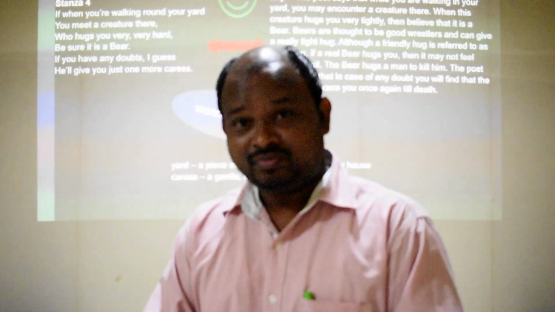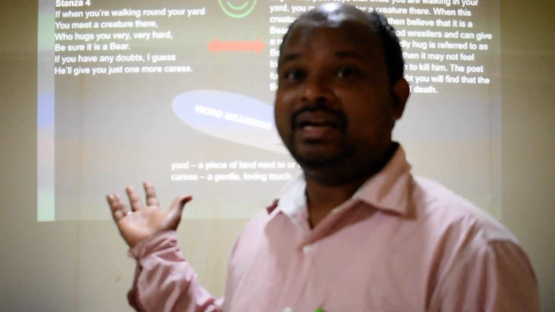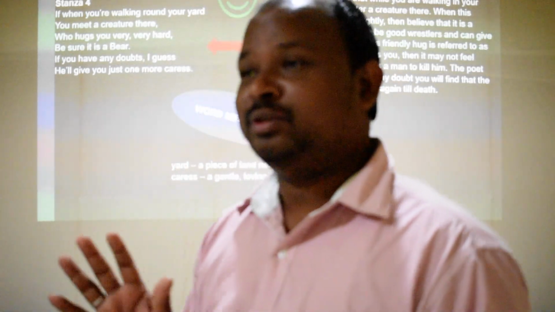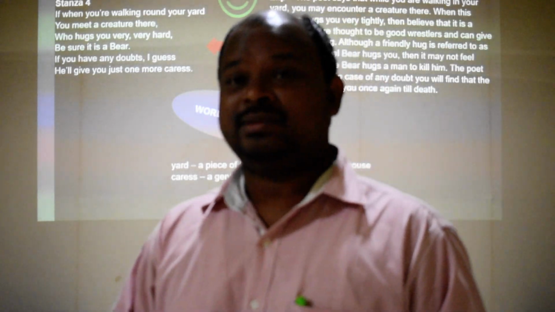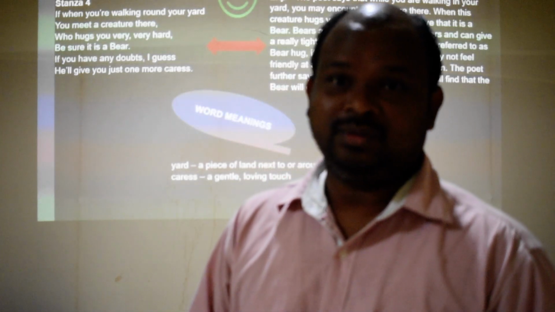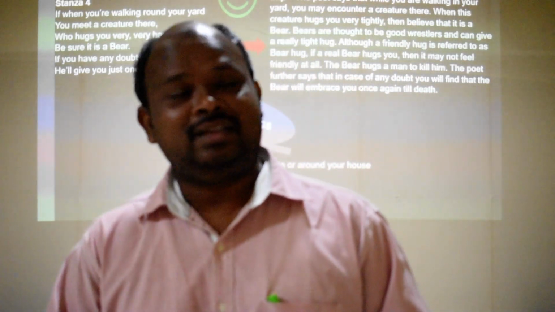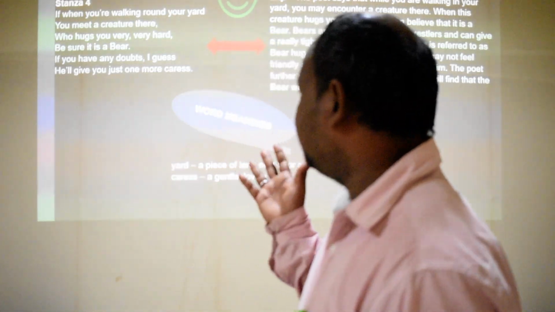It's just a toy. It's not the real thing. But when you hug the real bear, we know the consequences. So the fourth stanza is explaining that it is the bear who hugs you, and then we can identify it's a bear.